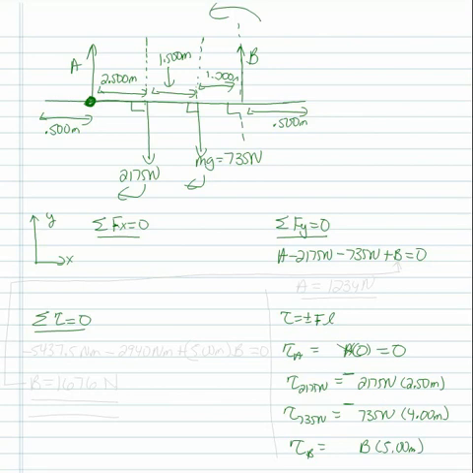The first one, the negative 2175 newtons times 2.5 meters, and we will get negative 5437.5 Newton meters. Let's just keep all the figs for now.